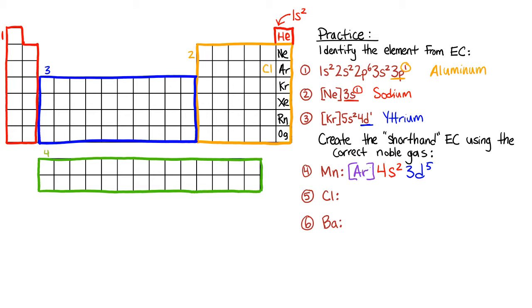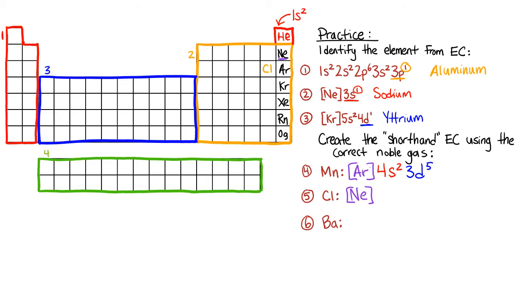Chlorine is right here. And although argon is a closer noble gas, it is beyond chlorine's electron configuration. Therefore, we would actually use neon. Neon, just like every noble gas except for helium, ends in something something P6. Neon ends in 2p6 because it resides at the end of the 2p row.